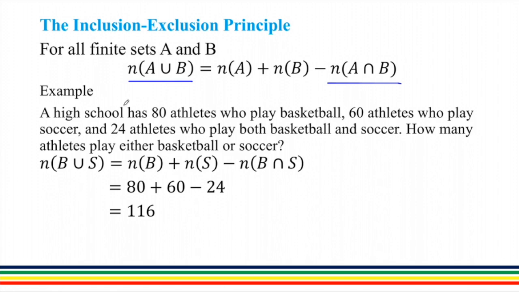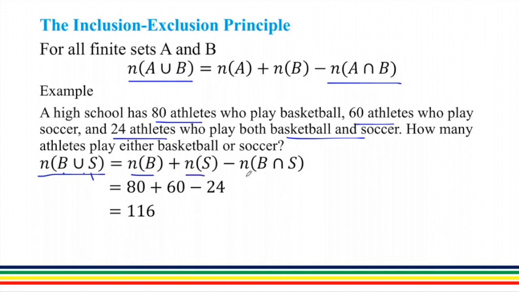Okay, let's have an example. A high school has 80 athletes who play basketball, 60 who play soccer, 24 athletes who play both basketball and soccer. How many athletes play either basketball or soccer? So we can use the inclusion-exclusion principle here. So the number of students, basketball union soccer, is equivalent to the number of students who play basketball plus the number of students who play soccer.